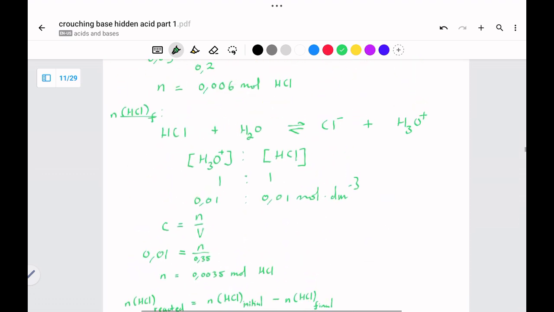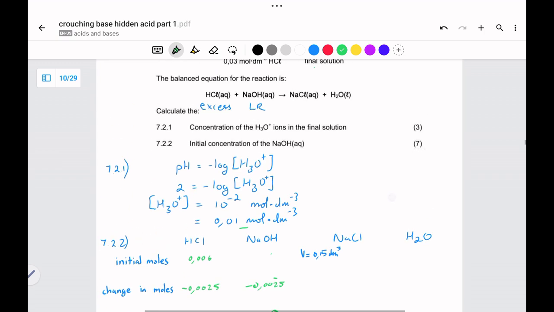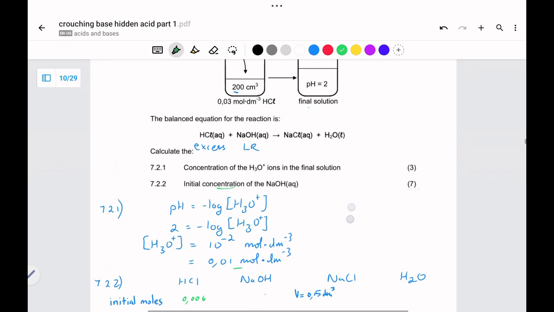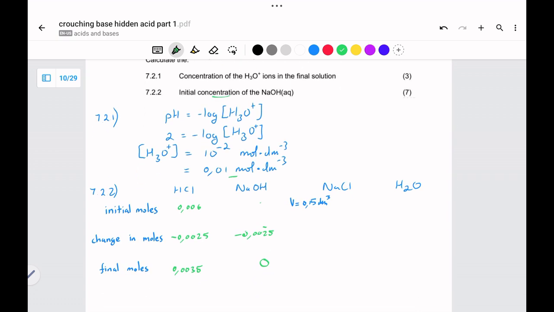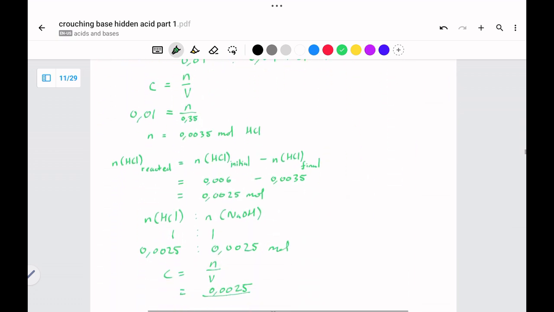But the volume, they wanted an initial concentration for sodium hydroxide. That's why we wrote this volume here, 150 cubic centimeters.